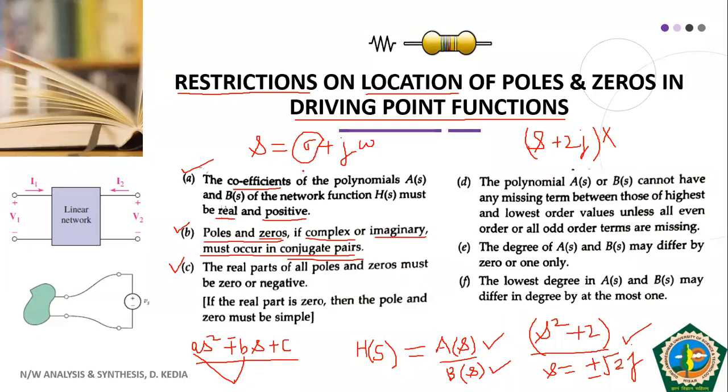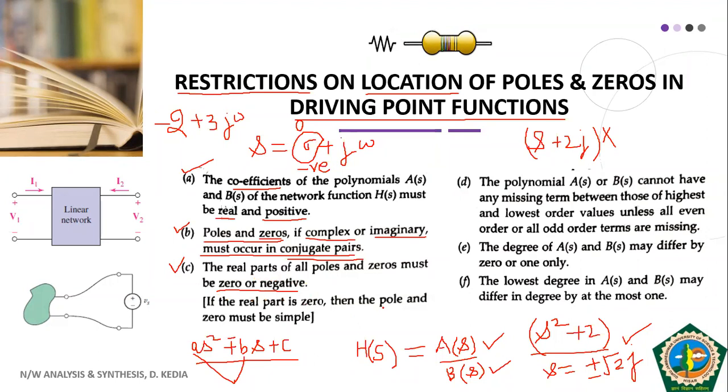So this real part must be negative or 0. It cannot be positive. Means the value of s cannot be 2 plus 3 j omega. This thing is not allowed. But if you put like this, minus 2 plus 3 j omega, then this thing is allowed. Real part of all poles and zeros must be 0 or negative. This is your third condition. Fine.